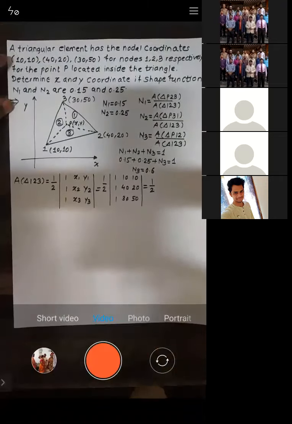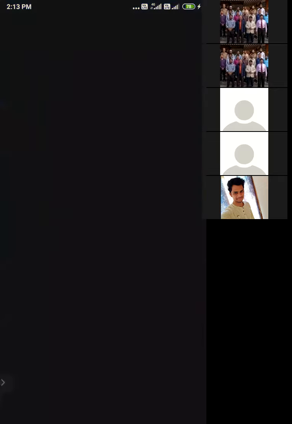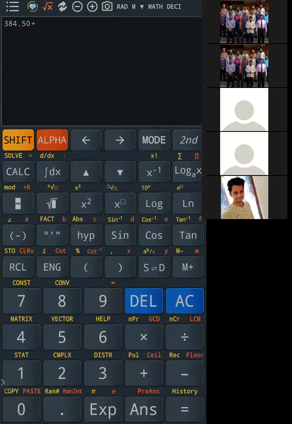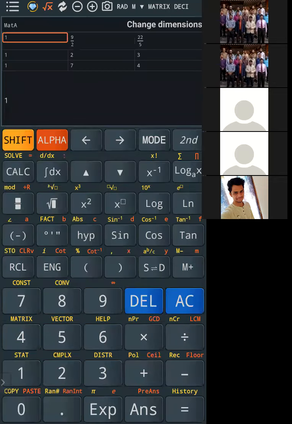In the last lecture only I told you how to solve this in a calculator. Is it okay? So how did we do that? We go to mode and set matrix mode, then edit the matrix, that means we need to enter that matrix.